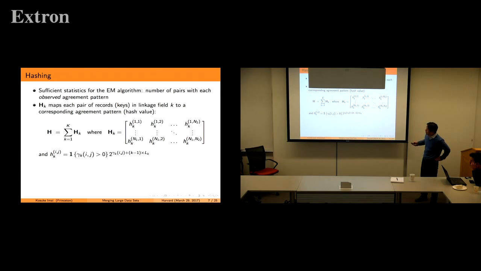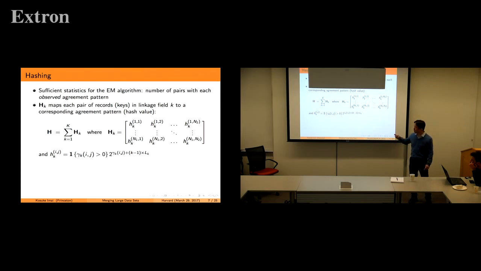If they agree, then it has a unique value, raised to the power of 2. This ensures that when you add them up, every observed agreement pattern will have a unique value. So this is like a hashing technique, a counting technique.